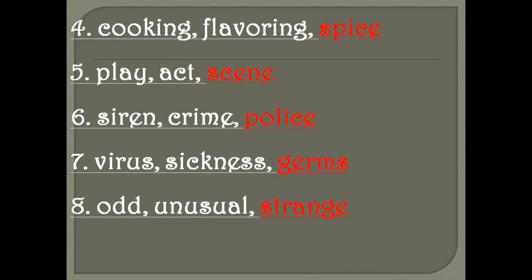Play, act, scene. 6. Siren, crime, police. 7. Virus, sickness, germs. 8. Odd, unusual, strange.